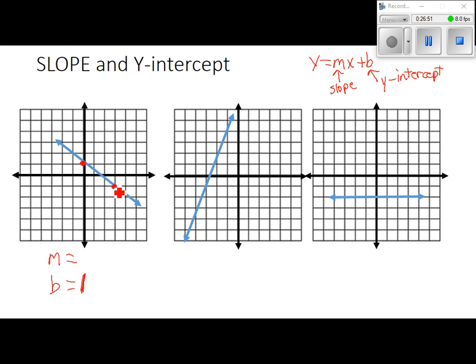Up 2, and then left 3. So what's that tell us? It's negative. Negative slope, negative 2 over 3. If we wanted to write an equation, could we write an equation for it now? It'd just be y equals negative 2/3 x plus 1.